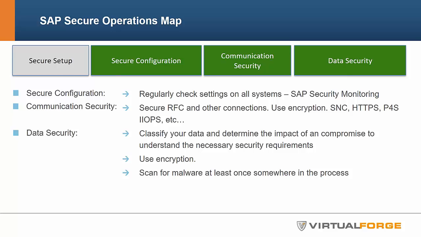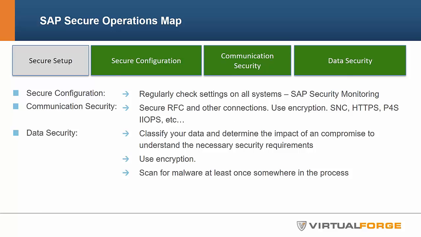What we do see is that people make the client copy and then forget to revert the parameter. So the system remains in an insecure state, and an attacker could potentially log on with the standard user and get all privileges.